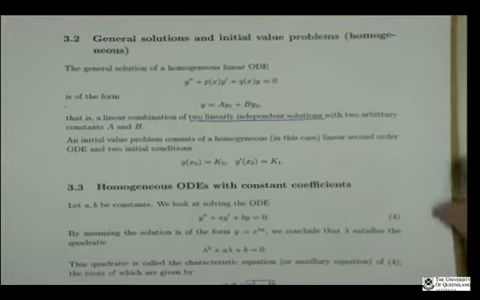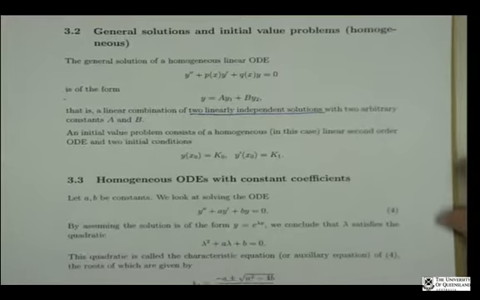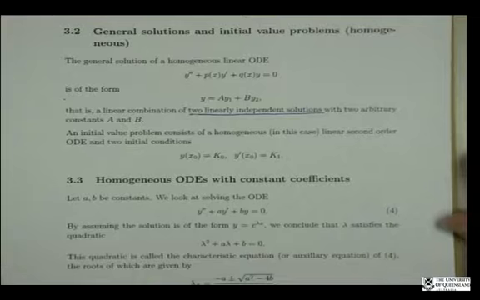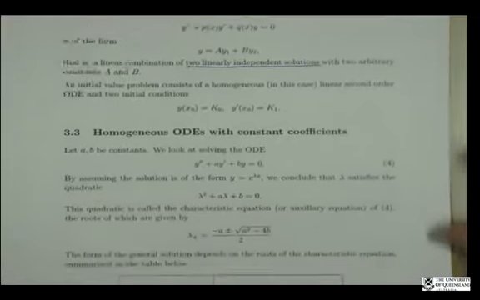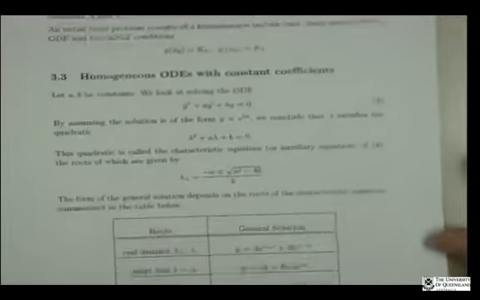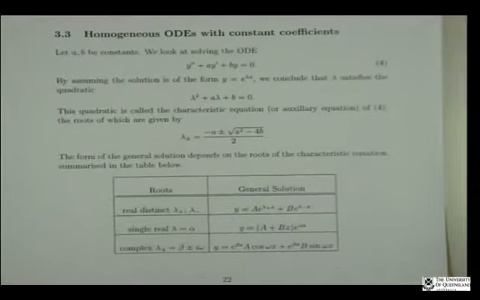So when we talk about solving these linear equations, we talk about trying to find the general solution. All right, so in the special case where we have a homogeneous differential equation with constant coefficients.